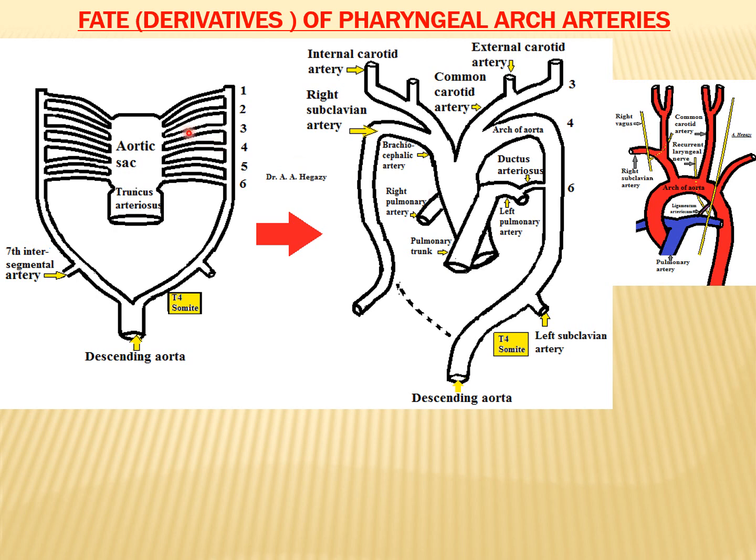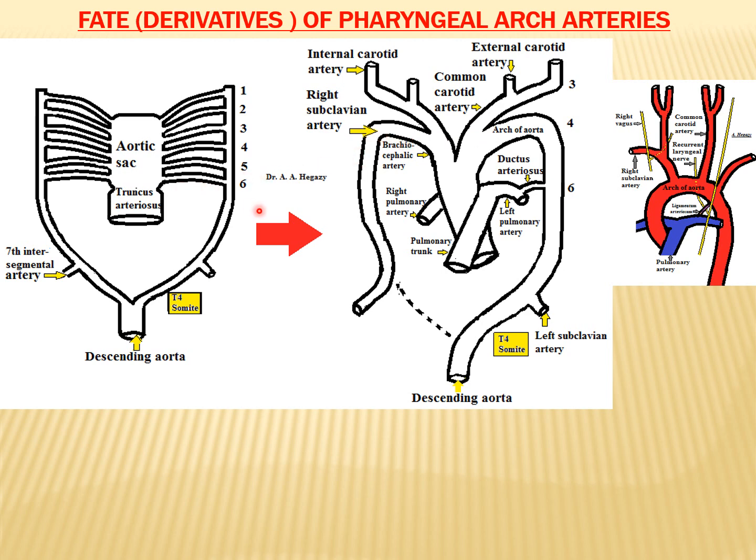The third arch, as we said, number 3 gives 3 arteries, which are called common carotid, external carotid, and internal carotid. Then the fourth arch, as we said, gives part of the arch of the aorta and the right subclavian artery.